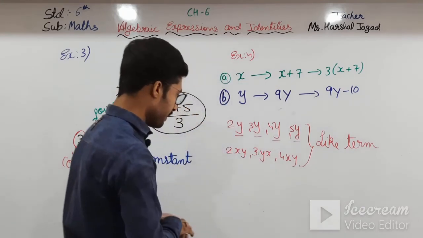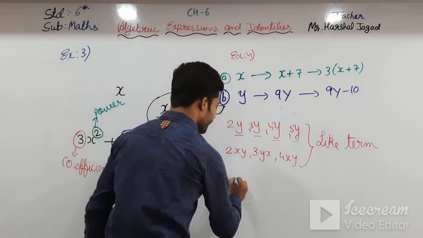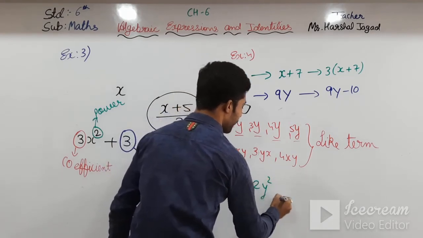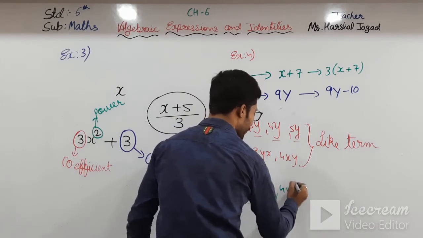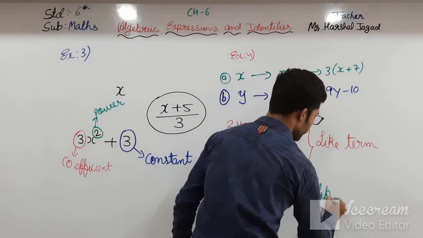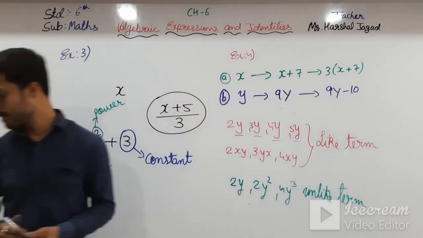And the unlike terms means 2y square, 4y cube, these are unlike terms. Okay students, these are unlike terms.